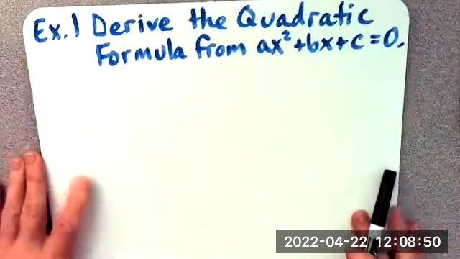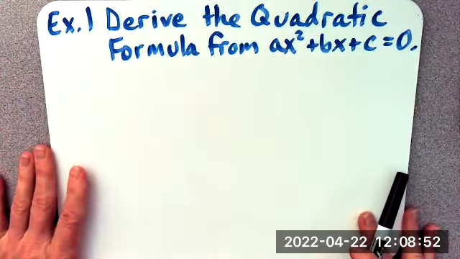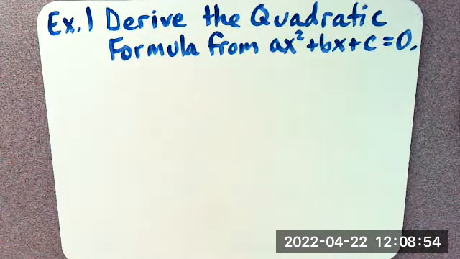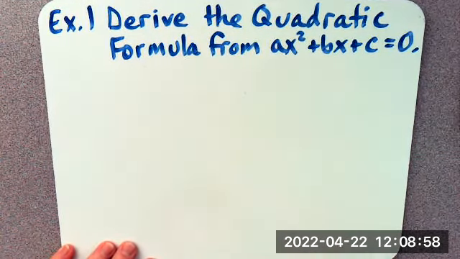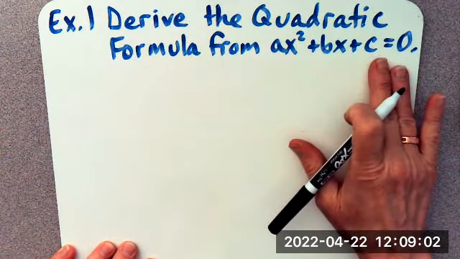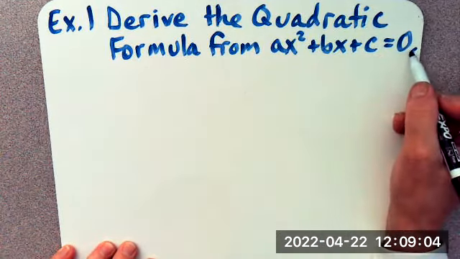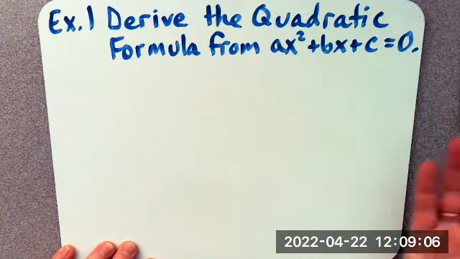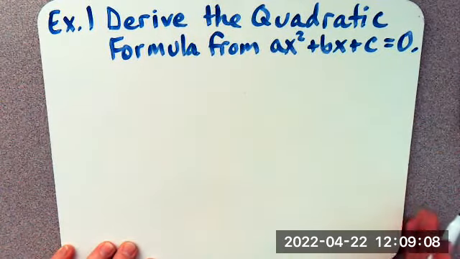So the first and most important thing we need to figure out is, how is the quadratic formula derived from the standard form of the equation when it is set to 0, so that we can find its solutions or roots.